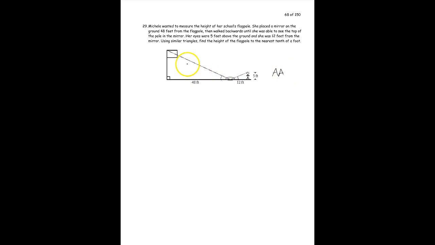And now we have corresponding pieces. What we actually want to find here is, I'll call it F, the height of the flagpole. Her eyes are 5 feet above the ground. So here we know that 12 turns into 48, and 5 turns into the height of the flagpole. So 5 over F. Now we go ahead and cross multiply. 12F equals 5 times 48.